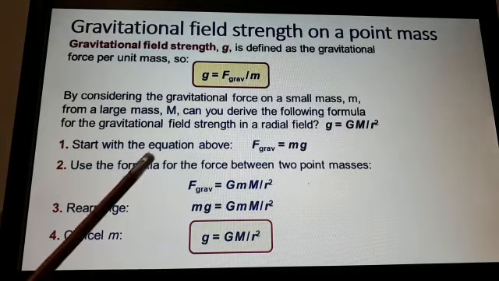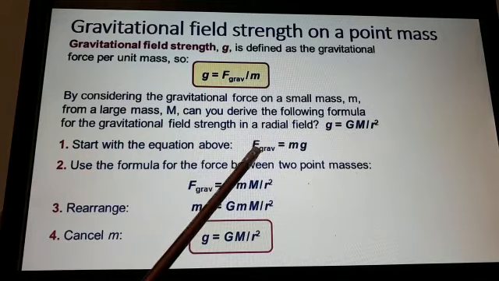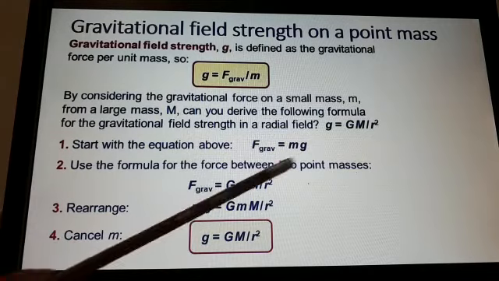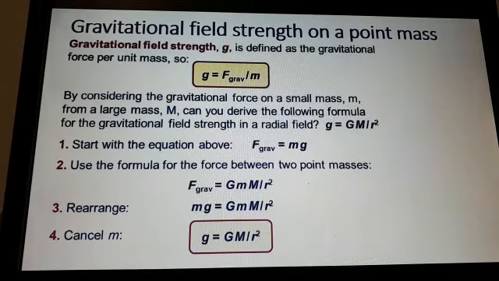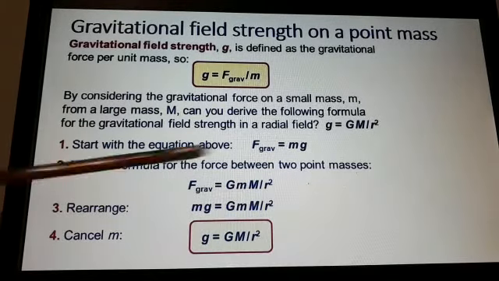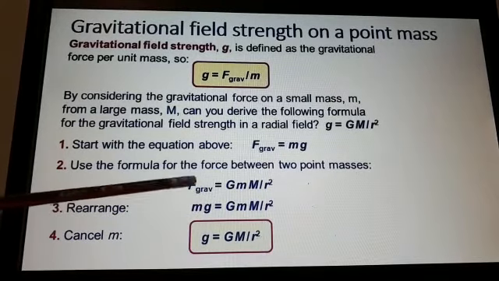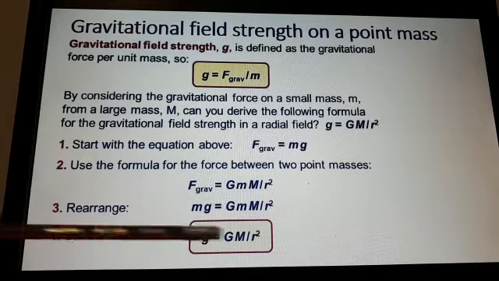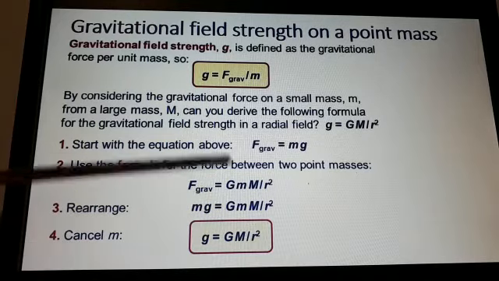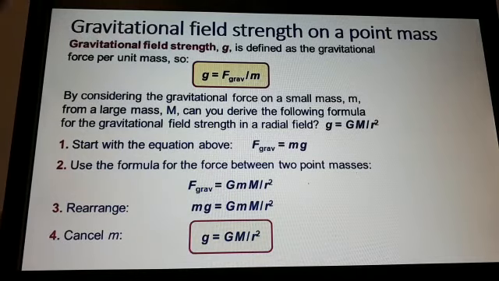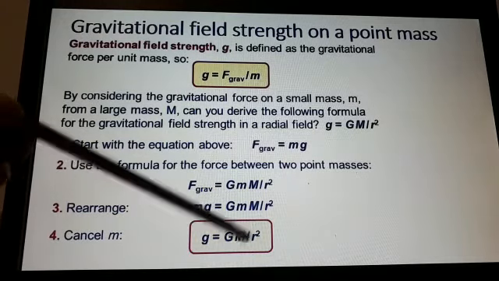We start with the equation above: gravitational force equals mg, mass times gravity, and then use the formula for the force between 2 point masses, GMm by r squared. Rearranging, F gravity is equal to mg is equal to GMm by r squared, and m cancels, so g is equal to GM by r squared. This way you get the gravitational field strength of a point mass.